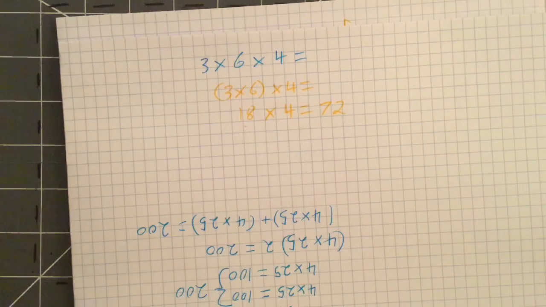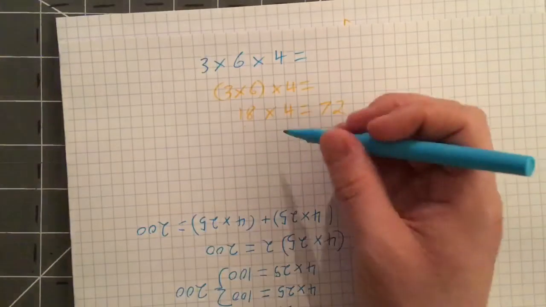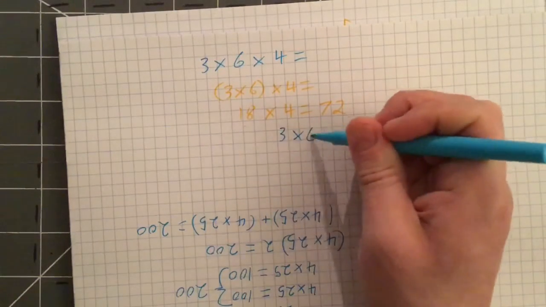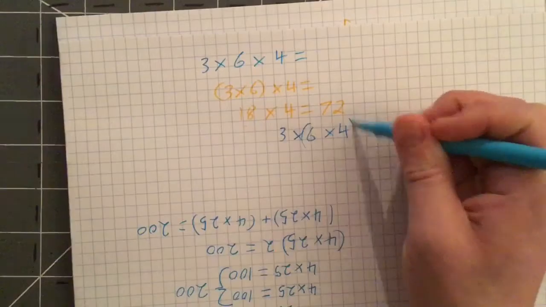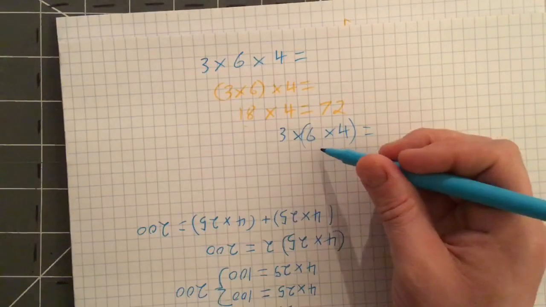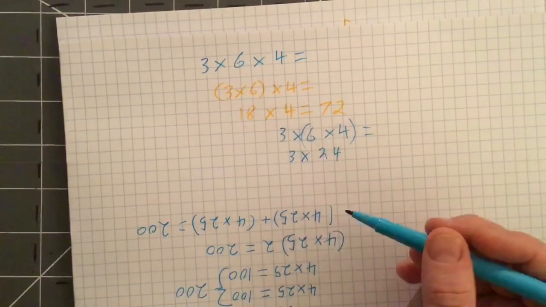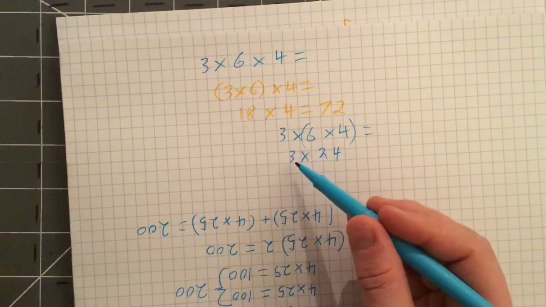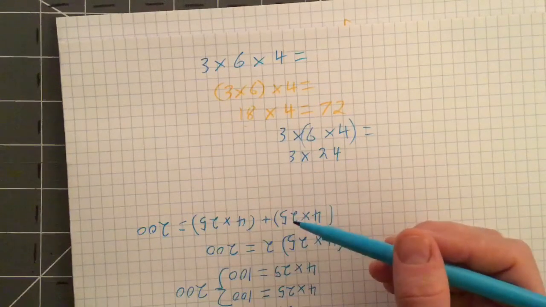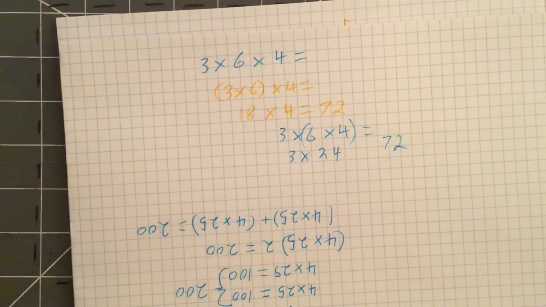Now, if we wrote those out in a different way, and instead of having my parentheses between my 3 and my 6, I put my parentheses between my 6 and my 4, 6 times 4 is 24. What's 24 times 3? Well, I know 4 times 3 is 12, and 20 times 3 is 60. So 60 plus 12 is 72. Does it work if we go like crazy out of order?